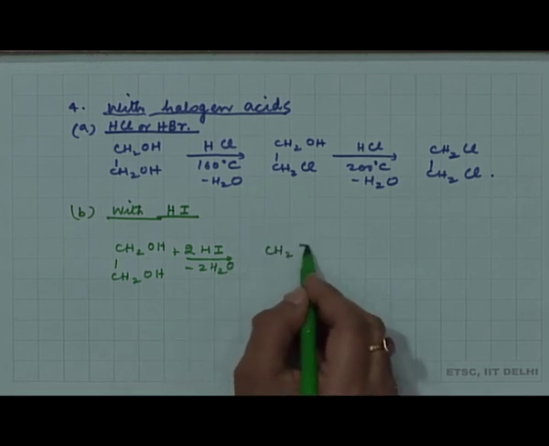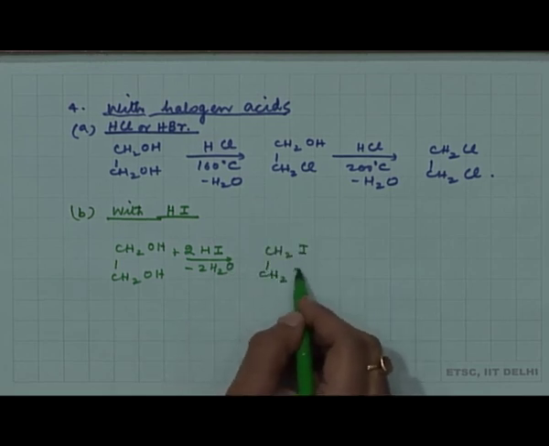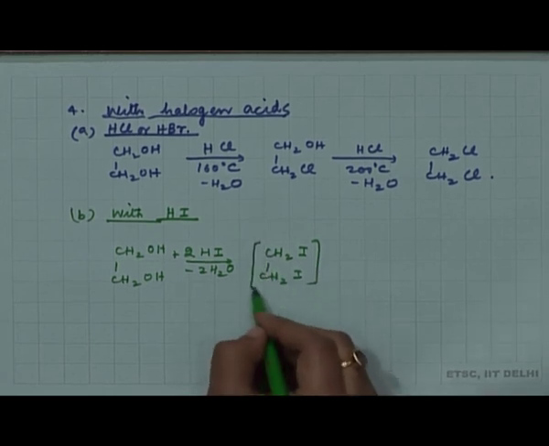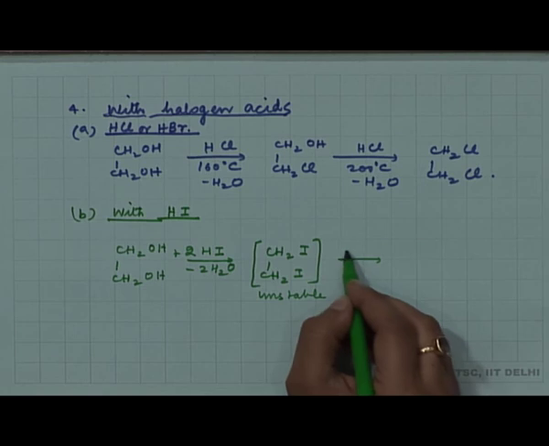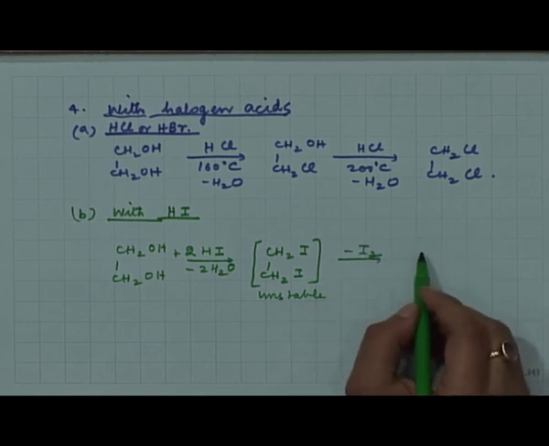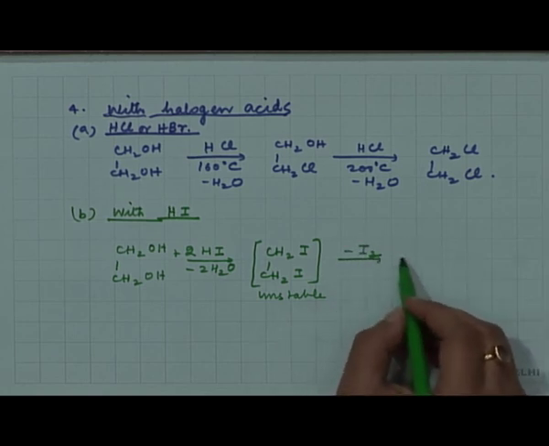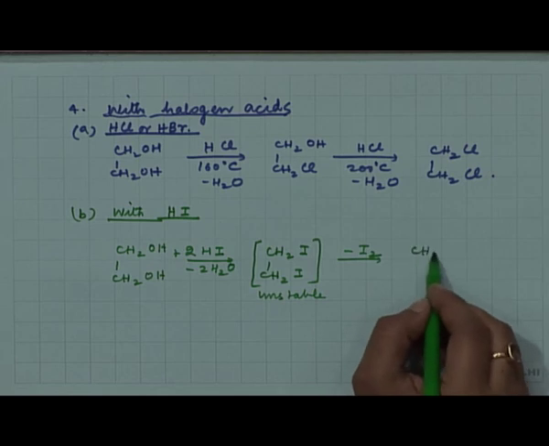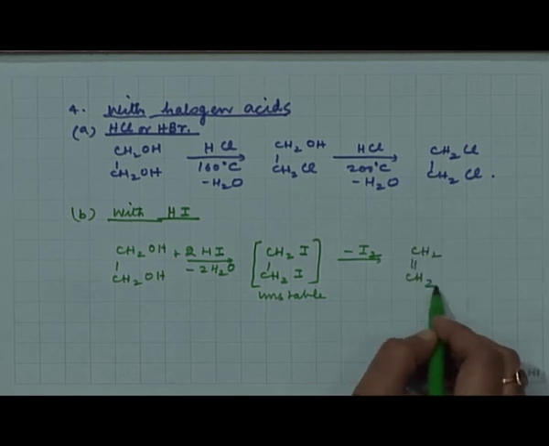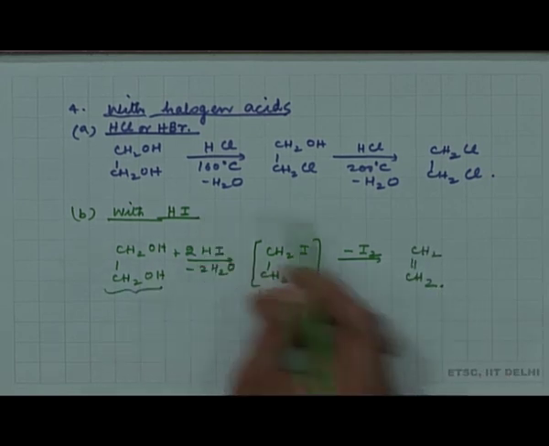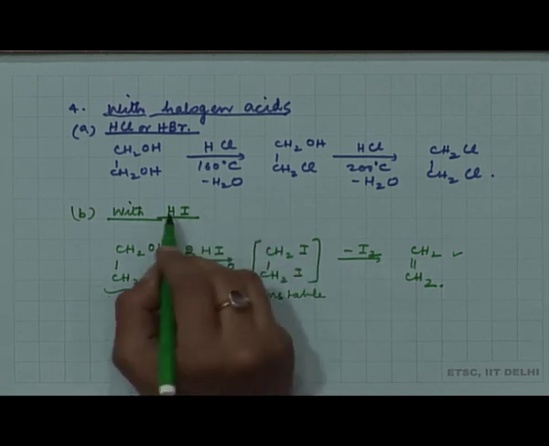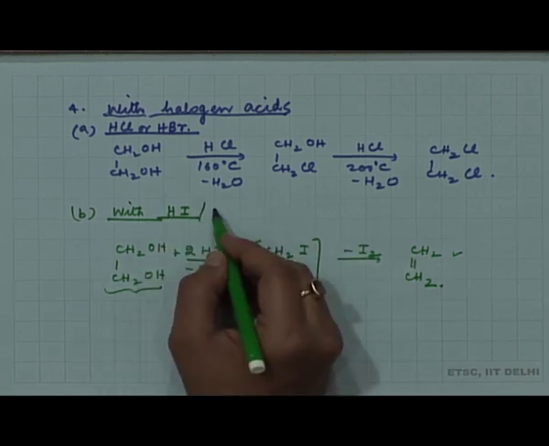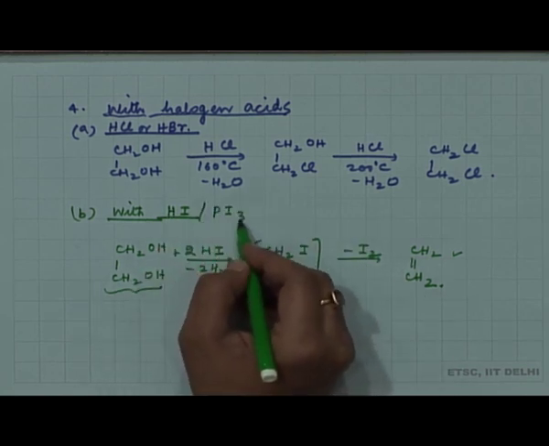You end up getting this as the product, but this is quite unstable and is not isolated; it immediately undergoes dehalogenation and gives you the corresponding olefin. So, if you start with a diol and treat it with HI, instead of getting the corresponding diiodinated compound, you get the corresponding olefin, and this is also true if you take PI3 instead of HI.